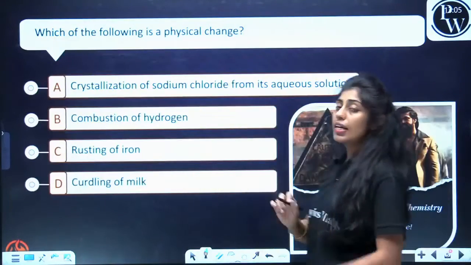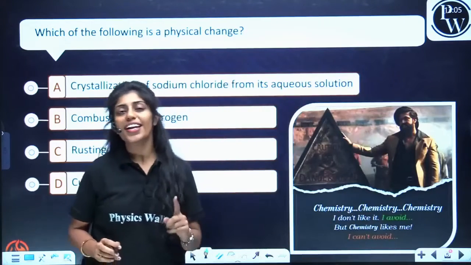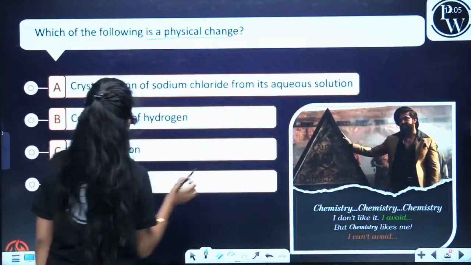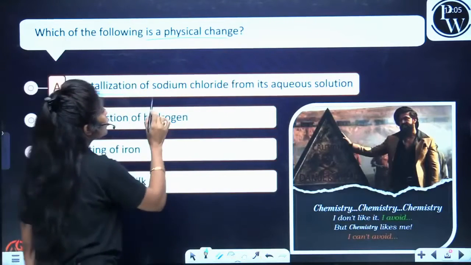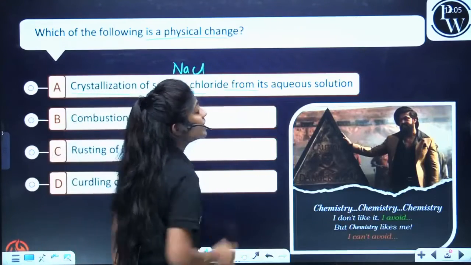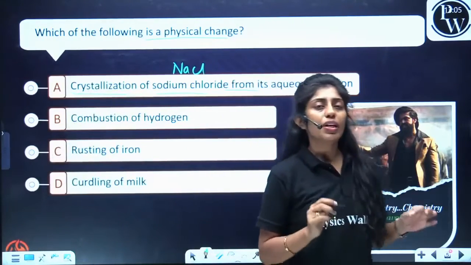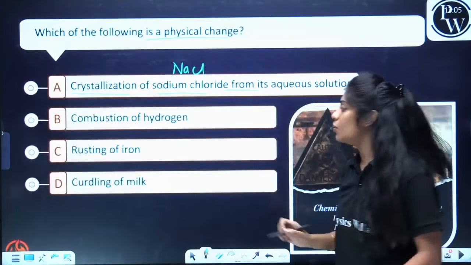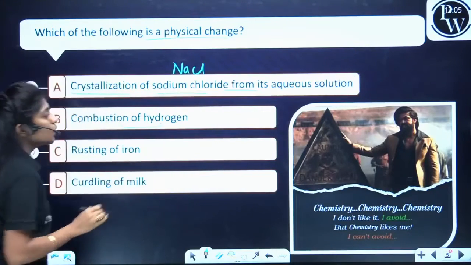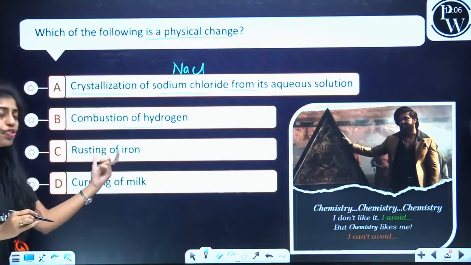If these are clear, you can answer this question very quickly. Which of the following is a physical change? First is the crystallization of sodium chloride, NaCl, from its aqueous solution. What kind of change is it? Check it out. Next is the combustion of hydrogen. If you are burning hydrogen, it is a permanent change.